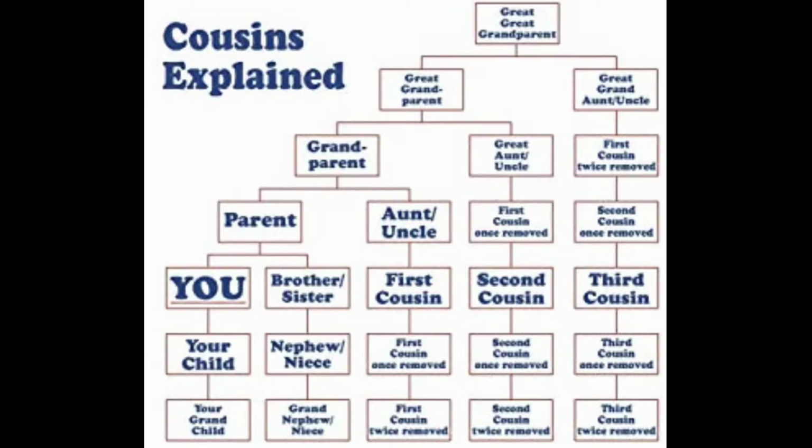So I'll have to really kind of mull it over, but this is a visual, and I'm a very visual person to understand things. So this is very helpful to me to understand what is my second cousin twice removed versus my third cousin once removed. So, yeah, I thought that was cool.